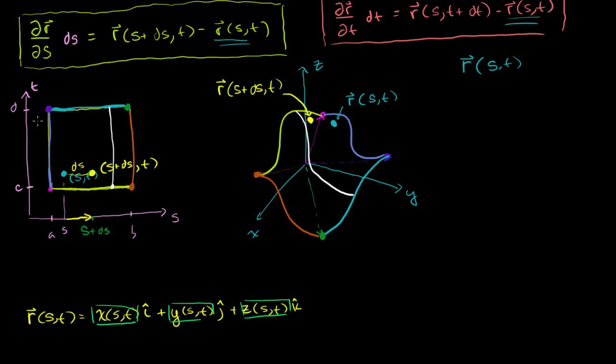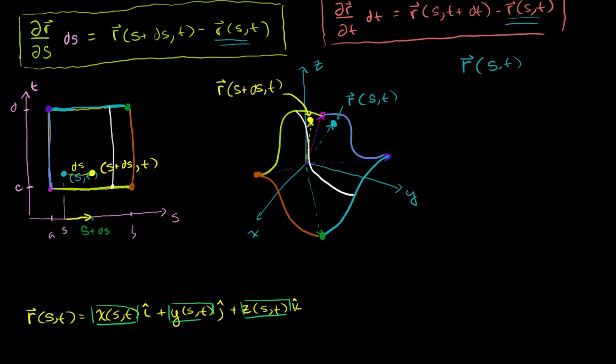Just to be clear what's going on, when we took this little blue point right here, this s and t, and we put the s and t values here, we get a vector that points to that point on the surface right there. When you add a ds to your s value, you get a vector that points at that yellow point right there.